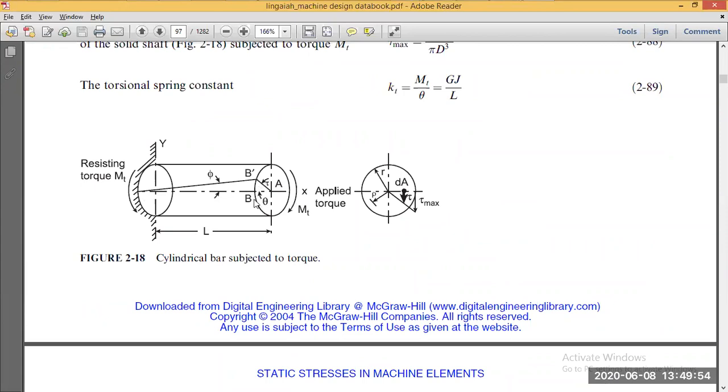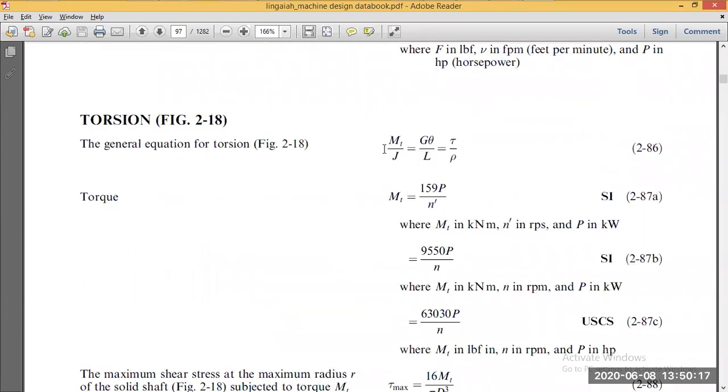Now, because of the application of torque, point B has shifted to B dash, and you have the deformation with respect to theta. It's polar in nature, and you have a deformation in terms of the neutral fiber as phi. There are two kinds of deformation. How you can link that is with this equation here, the general equation of torque. Again, ultimately we want the stress values, right? So you can see here the shear stress value tau. So you can get the stress value here as shear stress.